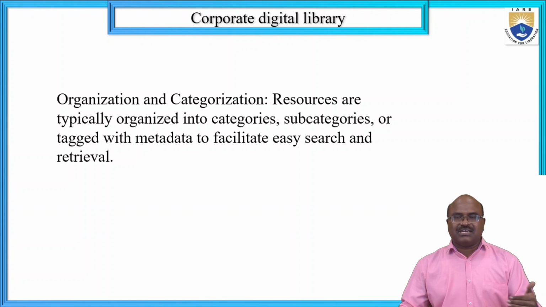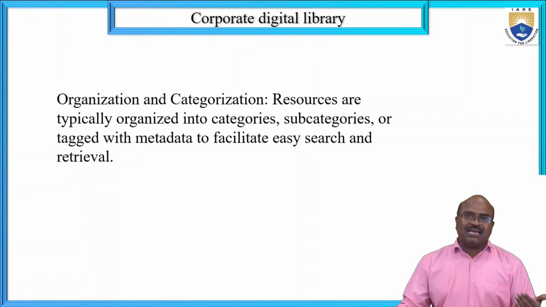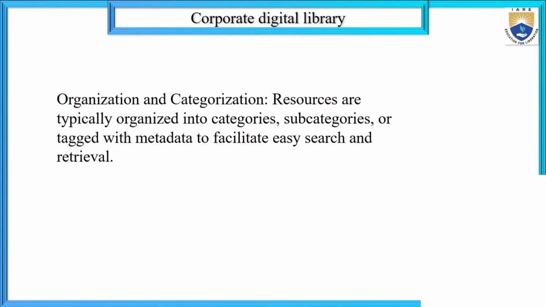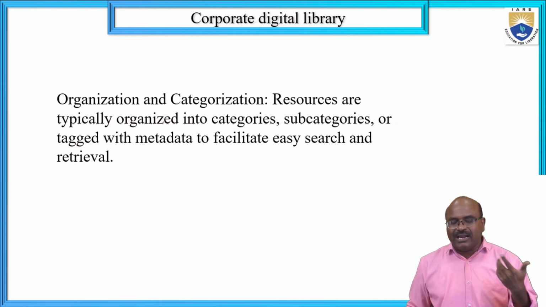Since the servers are connected to the clients, categorized data is very useful for easy access. The resources are organized into categories, and categories are divided into subcategories, tagged with metadata to facilitate easy search and retrieval.